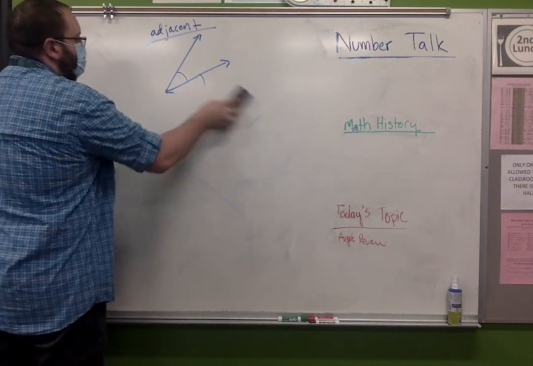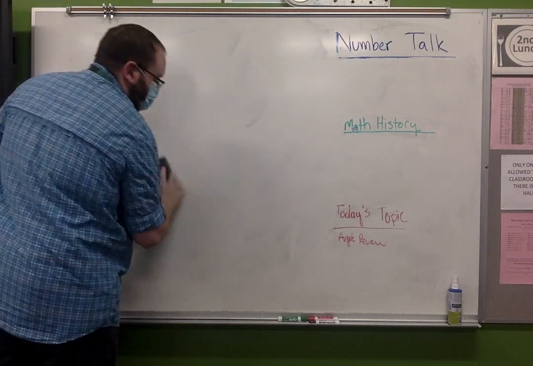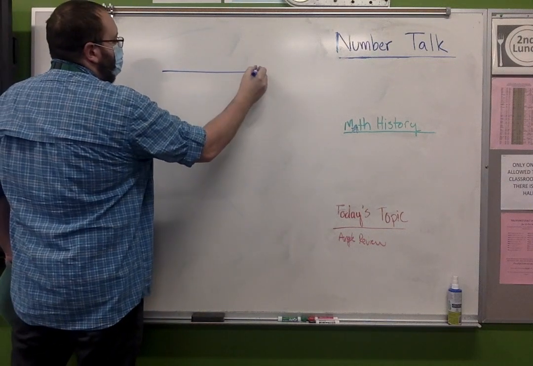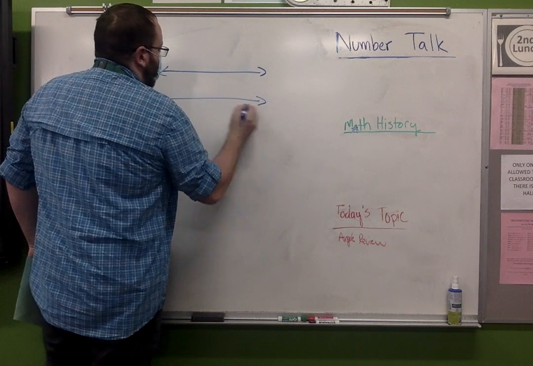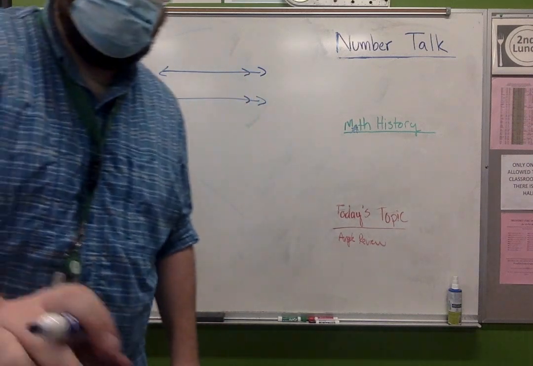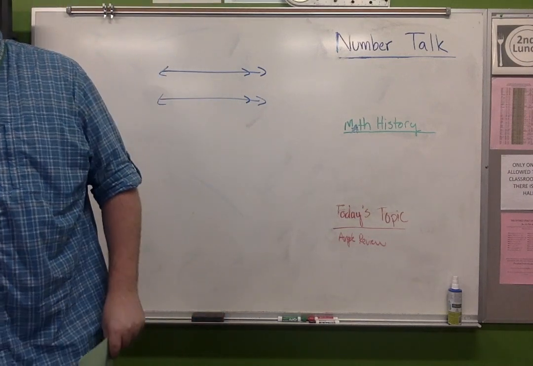Let's see, some other angles that we need to review. Let's draw a couple parallel lines. Now I know the definition that you've been told before: parallel lines are lines that never intersect.